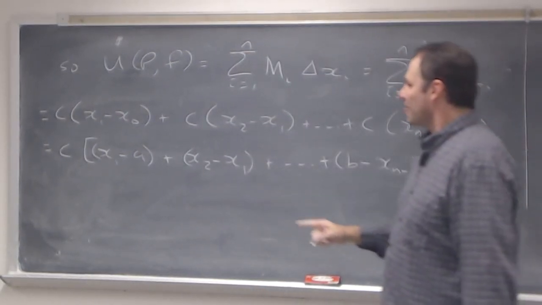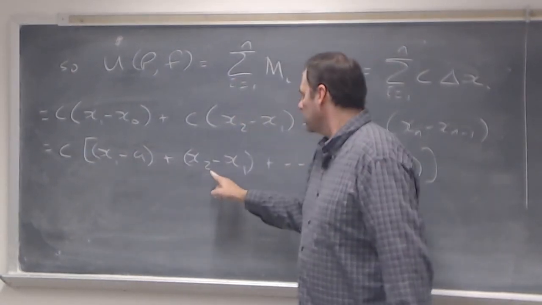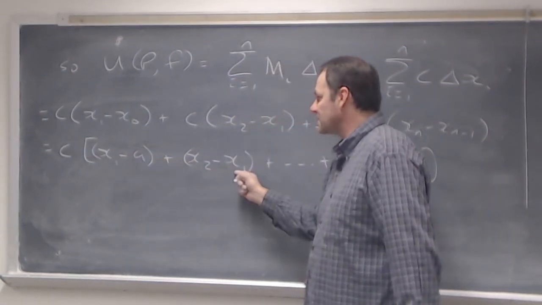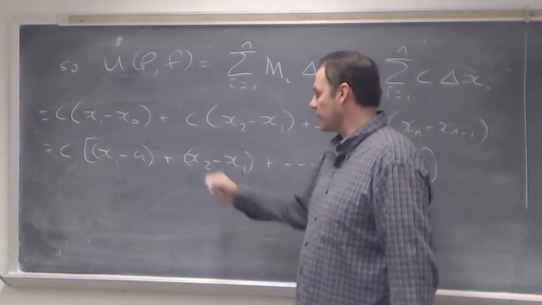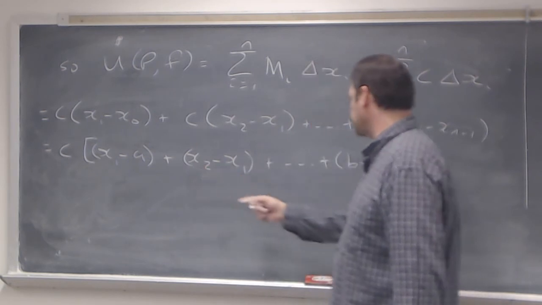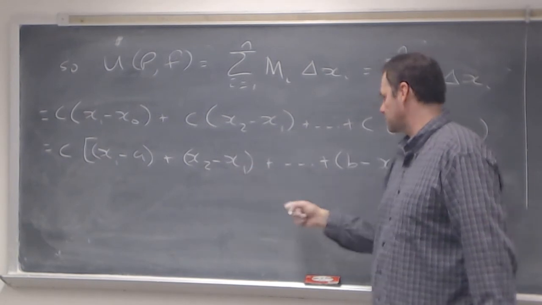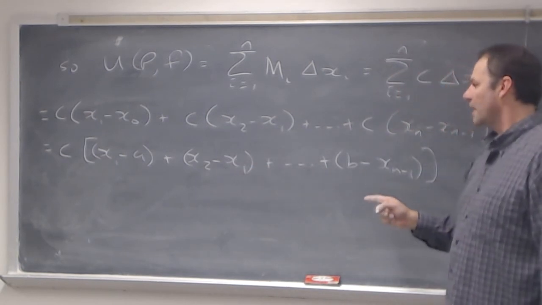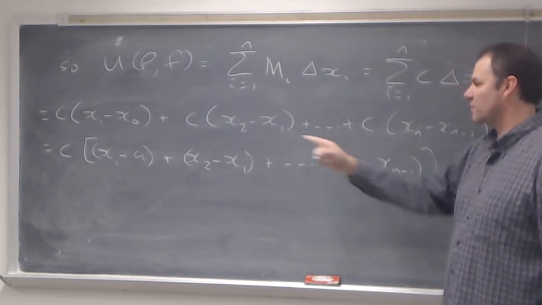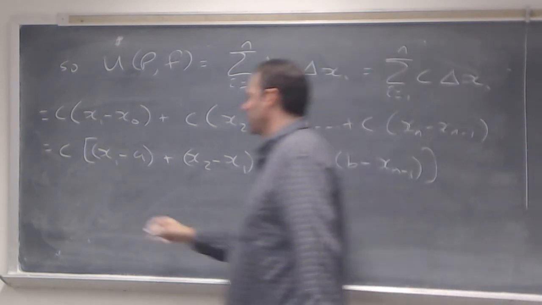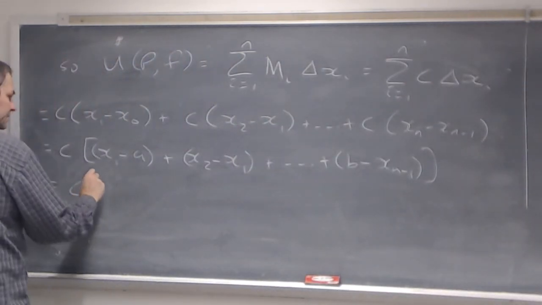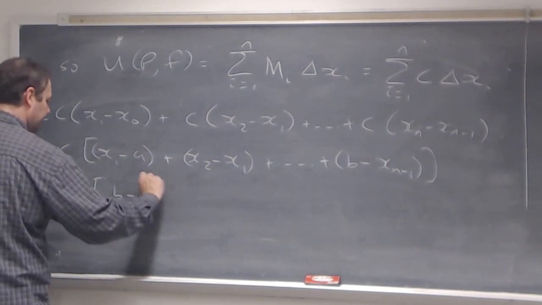Now, this x sub 1 here exists, but there's a minus x sub 1 here, and so they're going to cancel. And there's an x sub 2 here, but the next term will be x sub 3 minus x sub 2, so the x sub 2's will cancel. That continues on, so that the only things that are left are minus a and b. So this ends up being C times b minus a.